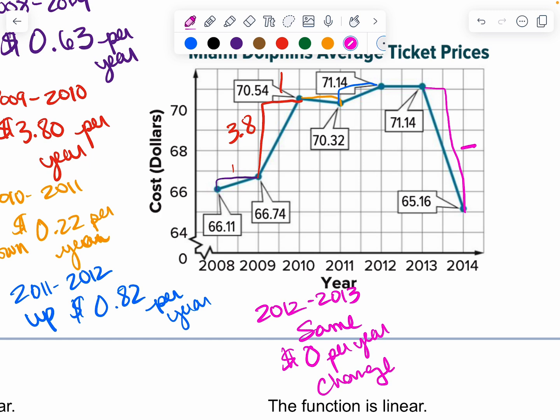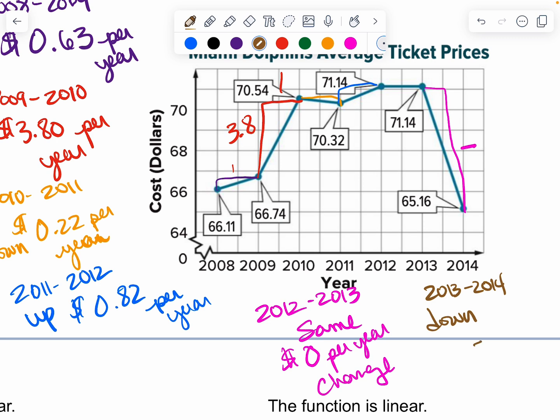Okay, and now last but not least, we'll do brown. So 2013 to 2014, it went down a whole lot. On this one, 65.16 minus 71.14.